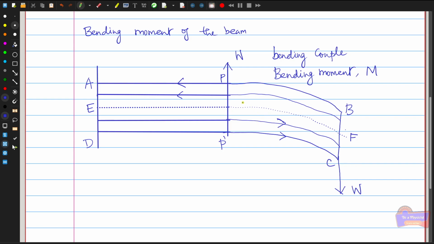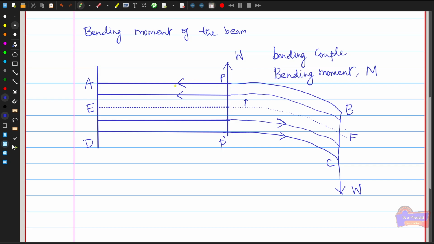Suppose I am considering a section P, B, C and P prime, only taking this slice. We know that the extended filaments above the neutral axis EF are in a state of tension, and thus exert an inward pull. As I already mentioned, EF is the neutral axis. So above this neutral axis the beam is elongated, and this filament is experiencing an inward pull, which is adjusting them towards the fixed end of the beam.